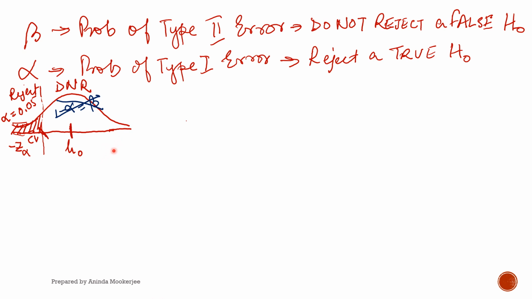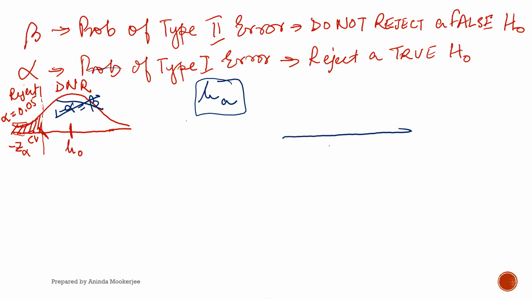Give us an alternate mean. So we should be provided with an alternate mean. What happens is we will then use this alternate mean to be the true mean, and we will have to redraw this figure.